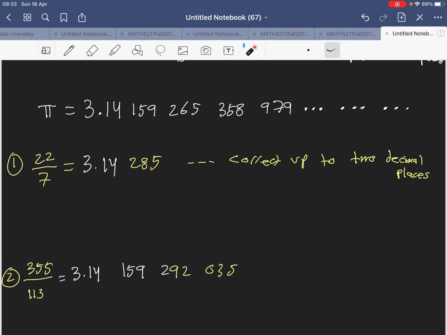Now here you can notice that he is correct in how many digits? 1, 2, 3, 4, 5, 6. He found the first 6 digits to approximate pi with. So here we will say this is correct up to 6 decimal places.